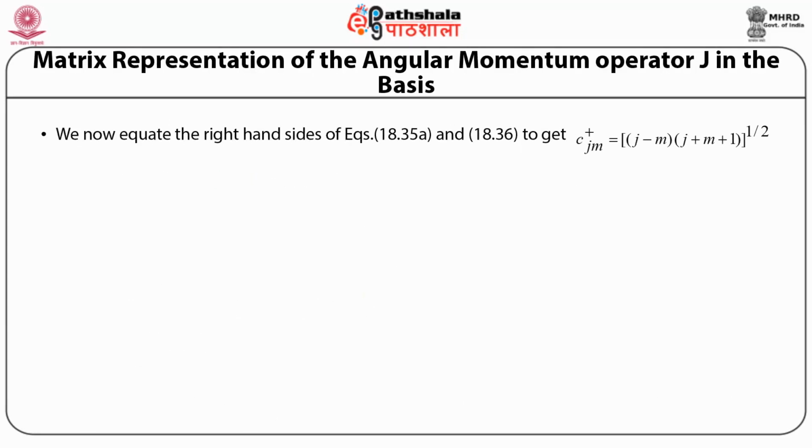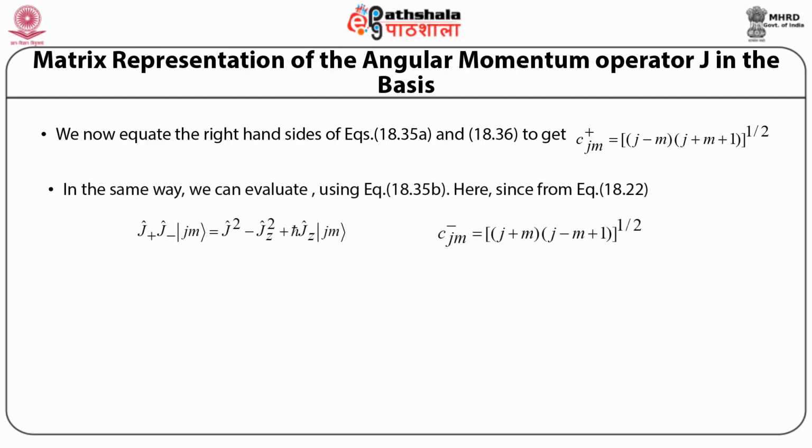We now equate the right hand sides of equation 35a and 36 to get cjm plus is equal to square root of j minus m into j plus m plus 1.